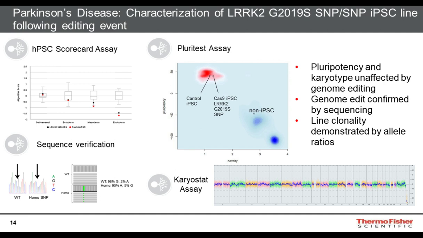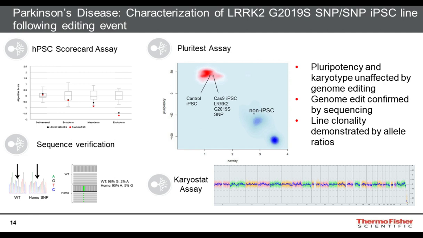showing that the edited iPSC is not different from an unedited iPSC at the level of pluripotency. And this was also further confirmed in our high-resolution PluriTest assay, which is a whole genome microarray-based platform that assesses pluripotency.